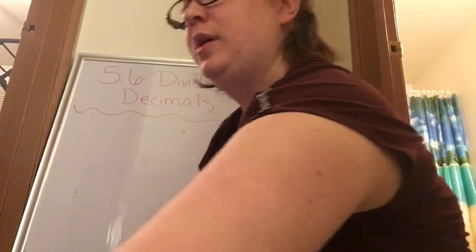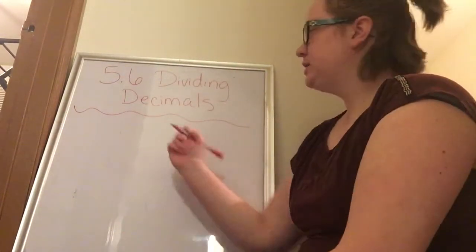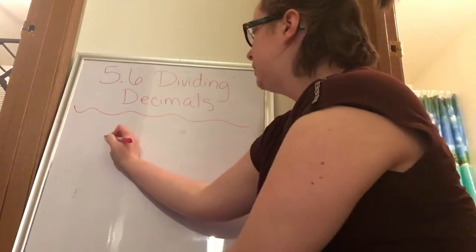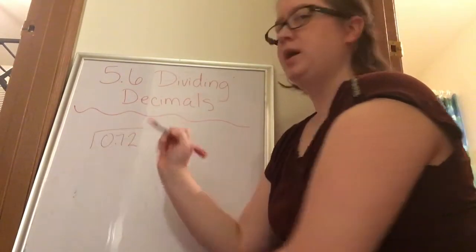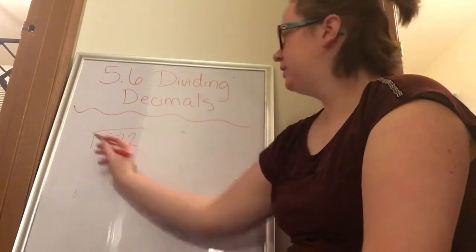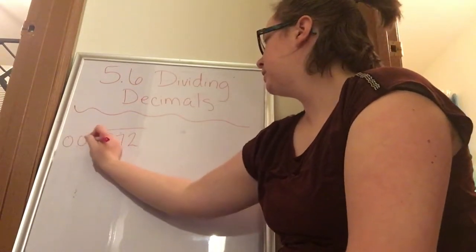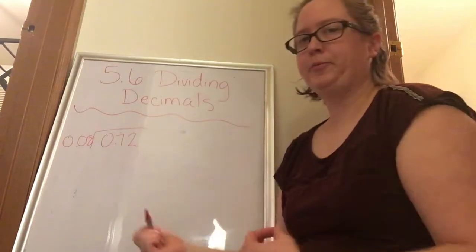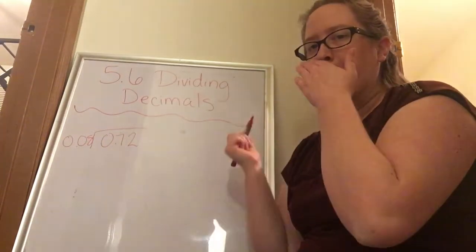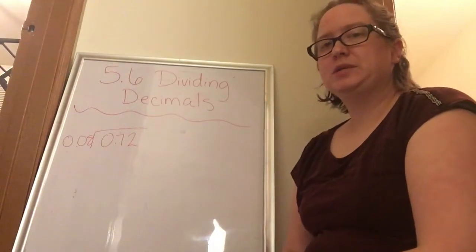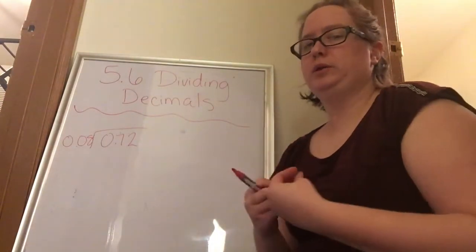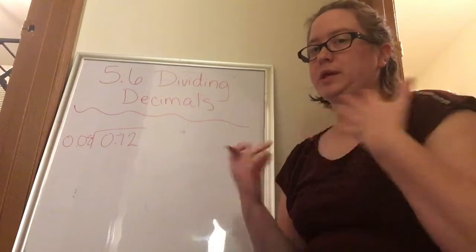So, our first problem is going to be 72 hundredths divided by 8 hundredths. Now, one of the things about dividing by decimals is that you do not want to actually have your divisor be a decimal.